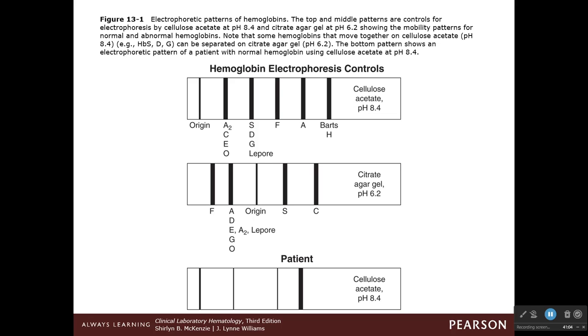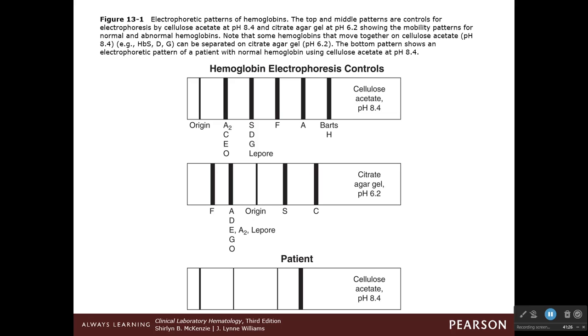Cellulose acetate. Okay? And then we can have a citrate agar gel, can also be used. All right? And notice in the pH of 8.4, your origin starts on the end. Okay?